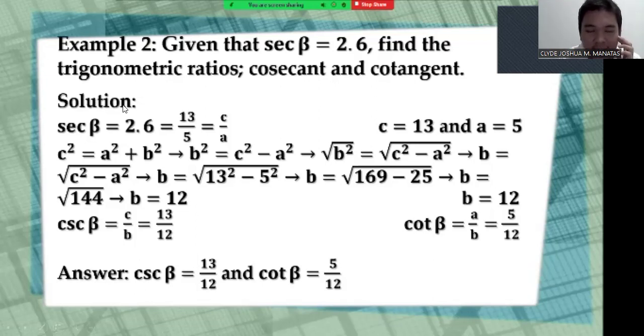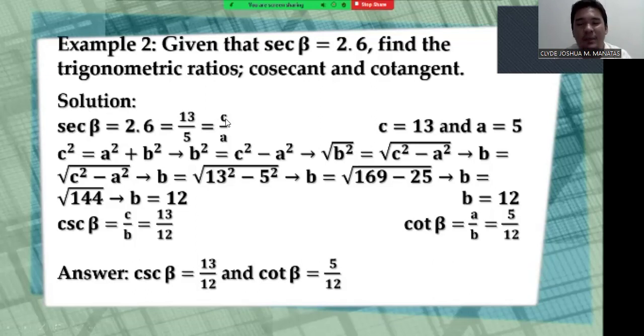And now, since we know all the sides, which is A equal to 5, B equal to 12, and C equal to 13, it's time to find the cosecant and the cotangent. For the cosecant, cosecant beta is equal to C over B. C is 13, B is 12, so cosecant beta is equal to 13 over 12.